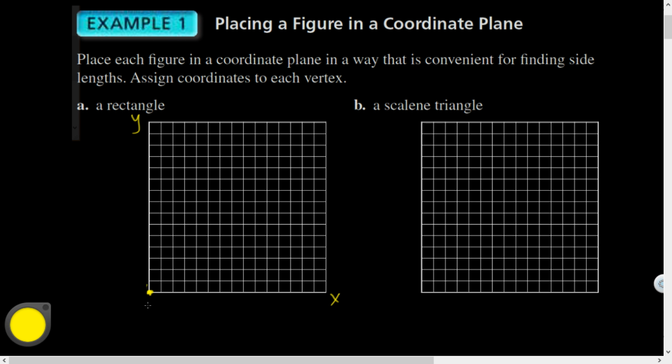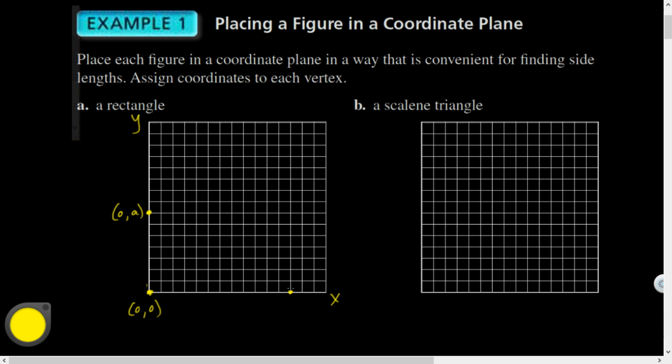If I want to work with a rectangle, I'm going to make one of my rectangle's vertices be at 0, 0. Let's call another point 0, comma A. A is a variable that could represent any potential particular location along that axis.